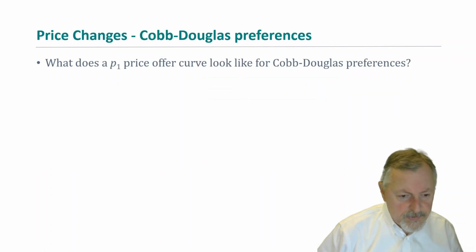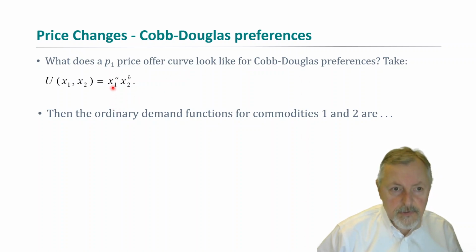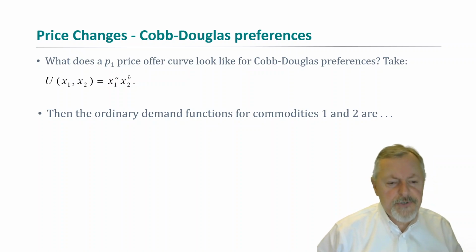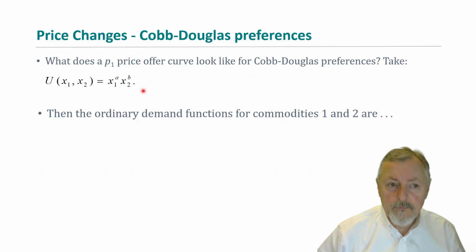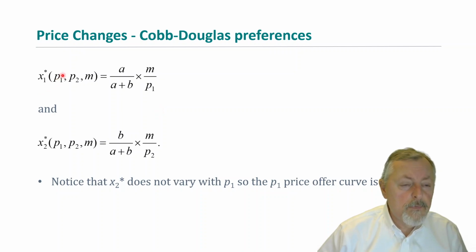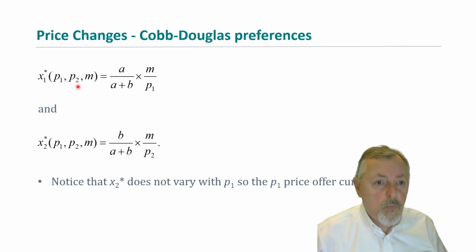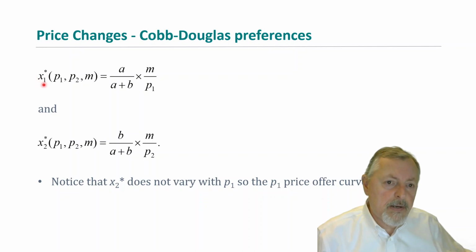Now, what does the price offer curve or price expansion path look like for Cobb-Douglas preferences? Here are Cobb-Douglas preferences for 2 goods. From 2 chapters ago, I believe, we derived the demand functions for commodity 1 and 2 for the general form of Cobb-Douglas and came up with these. For price of commodity 1 P1, commodity 2 P2, and income M, the quantity demanded of commodity 1 is given by this formula, and of commodity 2 by that formula.